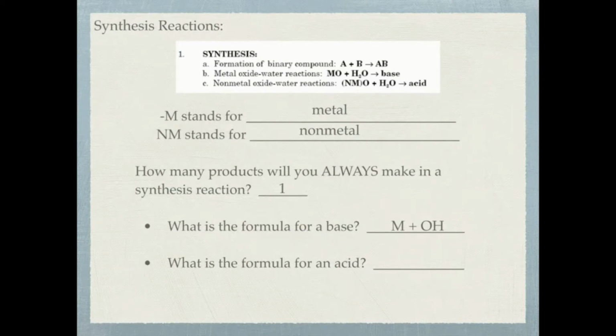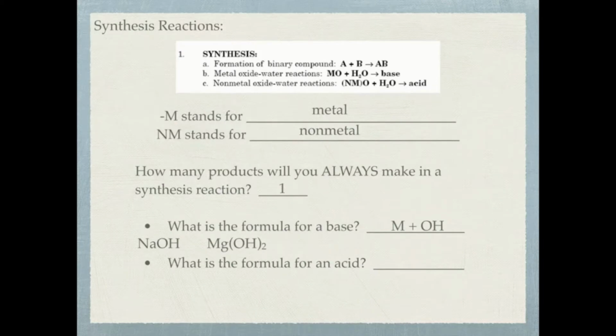For example, if I give you sodium hydroxide as your base, the formula would be NaOH, because sodium has a +1 charge and hydroxide has a -1 charge. If I gave you magnesium hydroxide, since magnesium has a 2+ charge and hydroxide has a 1- charge, then the formula, once you cross your charges, would be Mg(OH)2.